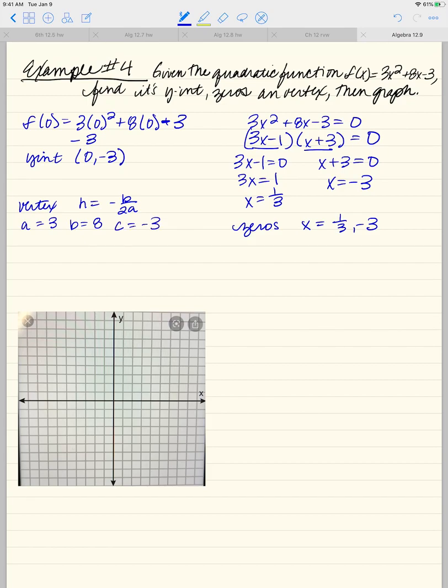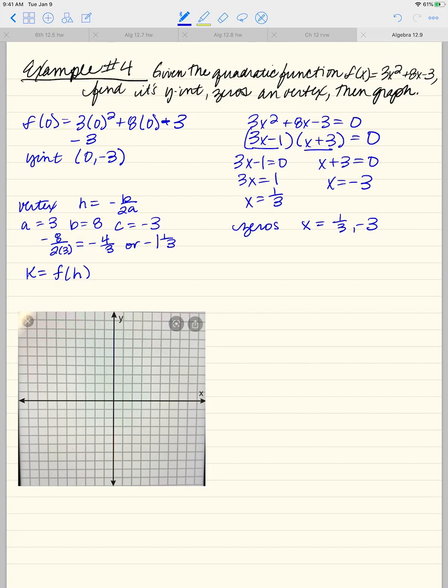So h is equal to negative 8 over 2 times a, so 2 times 3. So that's negative 8 over 6, which gives us negative 4/3, or negative 1 and 1/3. And then to solve for k, we're going to do k is equal to f of h. So plug in either negative 4/3 or negative 1 1/3.